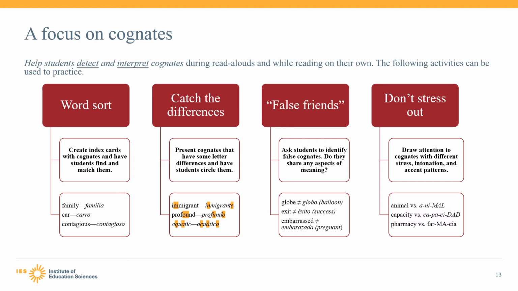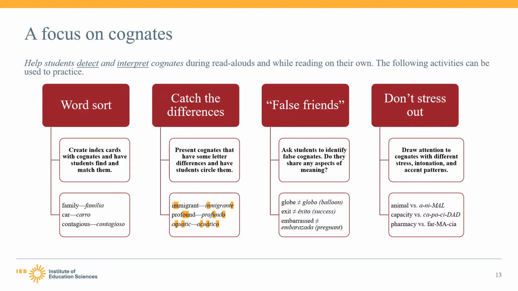But another thing that cognates can help us do is develop what we call metalinguistic awareness, so awareness of language as an object, so something that you can inspect and manipulate. And cognates have these interesting characteristics that draw those skills out. One thing you can do is this catch the differences game, where you present cognates that have some letter differences and then have students circle them.